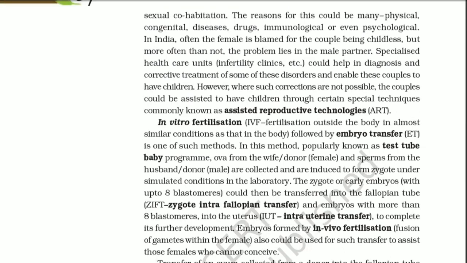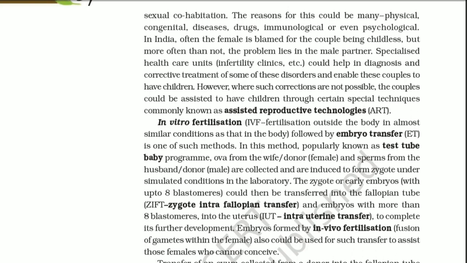However, where such corrections are not possible, the couples could be assisted to have children through certain special techniques commonly known as assisted reproductive technologies. In vitro fertilization, IVF, fertilization outside the body in almost similar conditions as that in the body, followed by embryo transfer, is one of such methods.